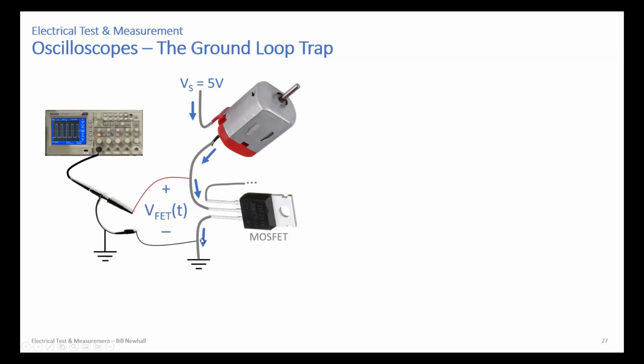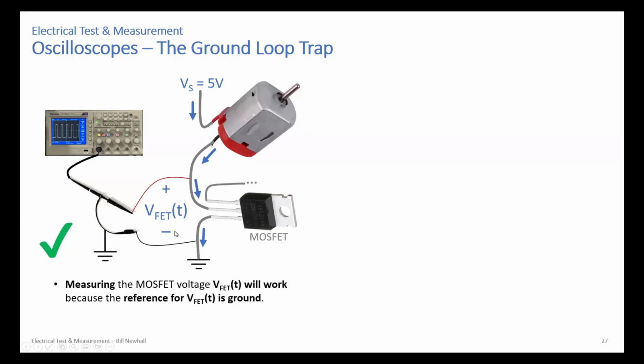Let's suppose that this is truly ground down here at the bottom of the MOSFET circuit, and your oscilloscope's ground lead is also ground, and so you can measure VFET like this, and that works just fine. This will work because the reference for VFET, this voltage, is ground. It is the ground of the circuit.